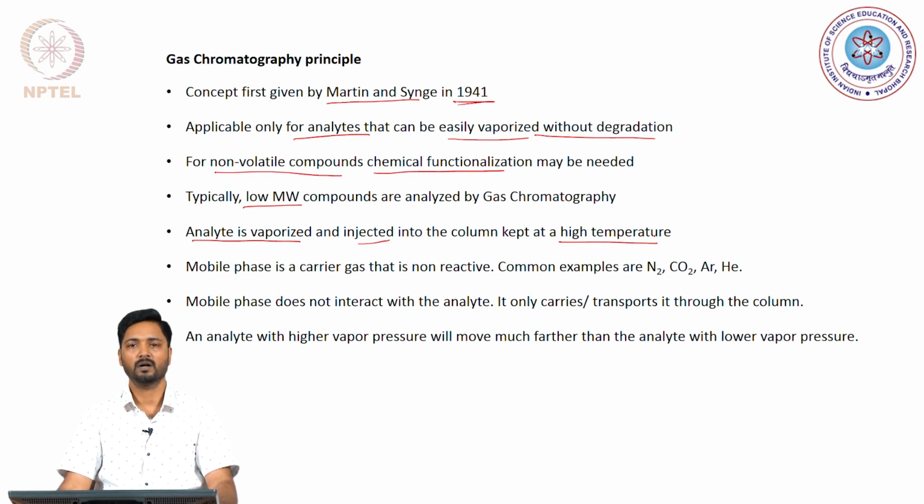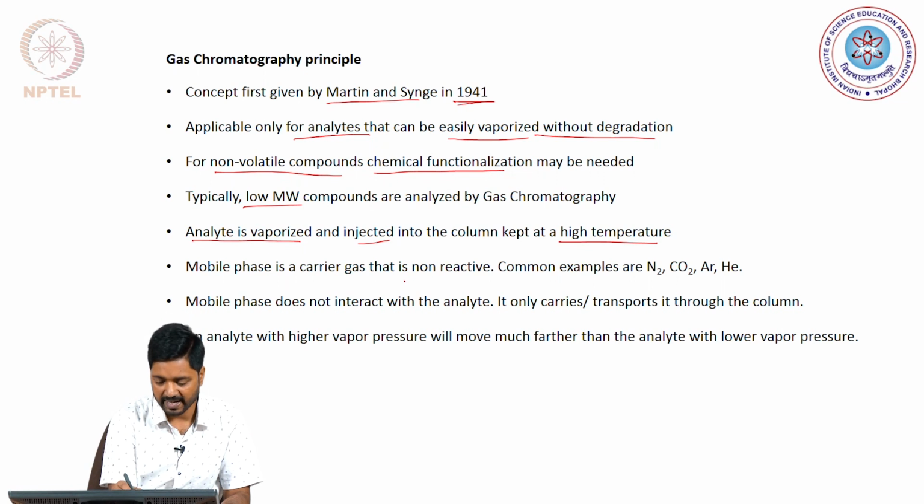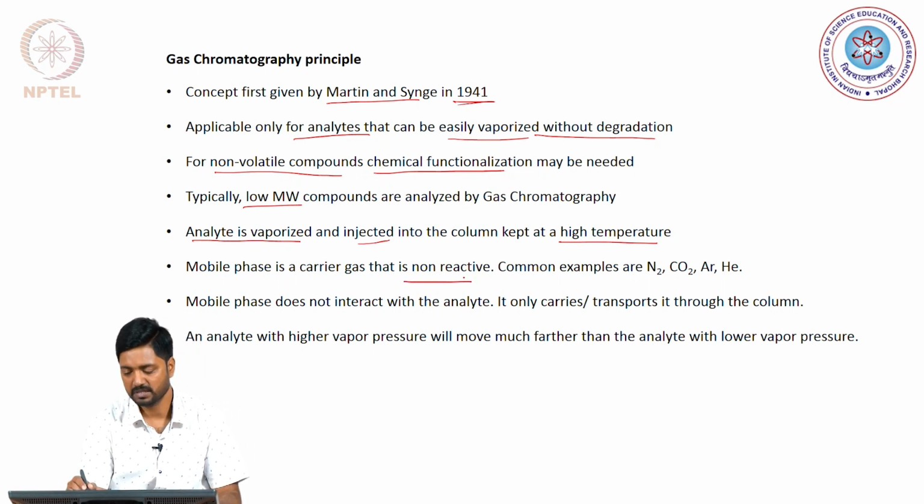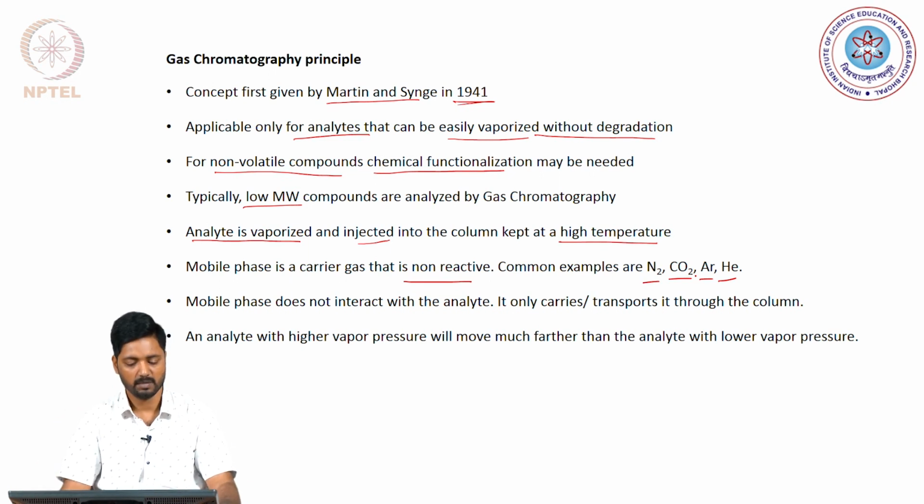To push the analyte through the chromatographic system, we require certain carrier gases, the gases that will act as the mobile phase in gas chromatography. Typical examples of such carrier gases, which need to be non-reactive, are nitrogen, helium, argon or even carbon dioxide.